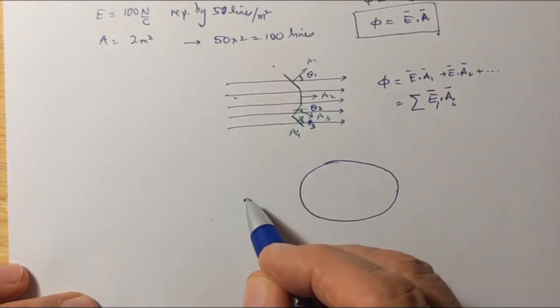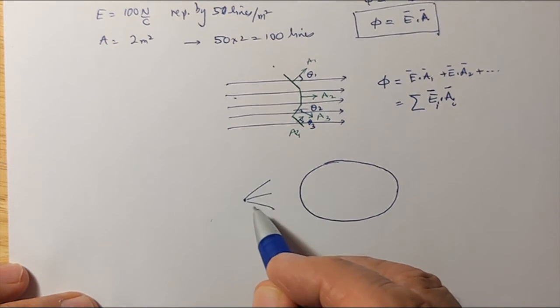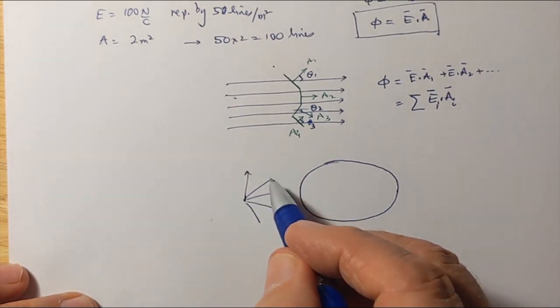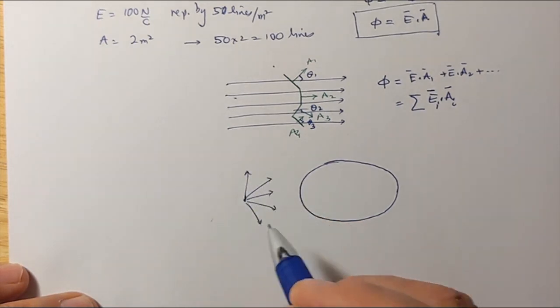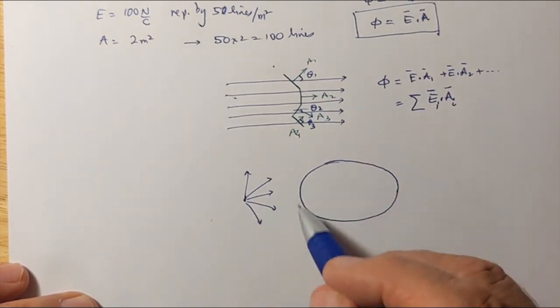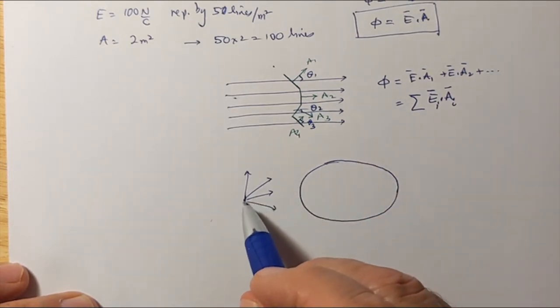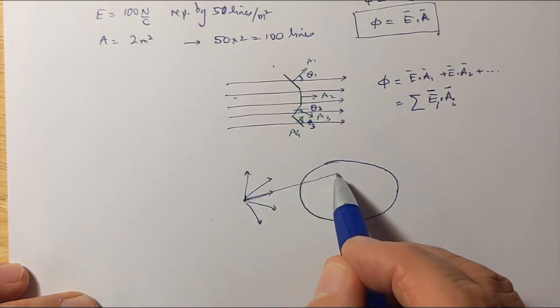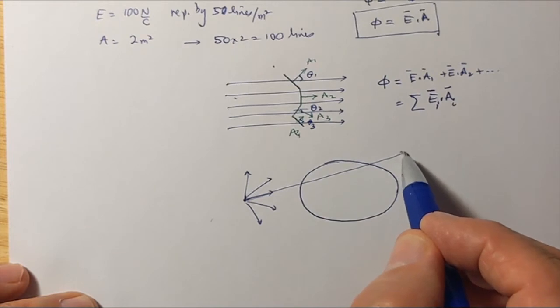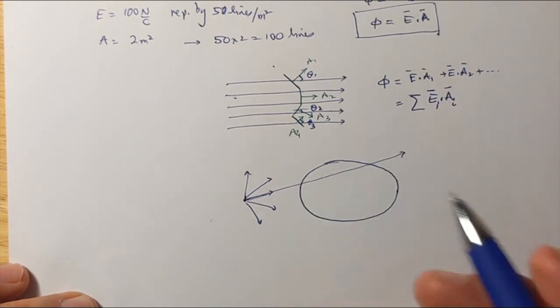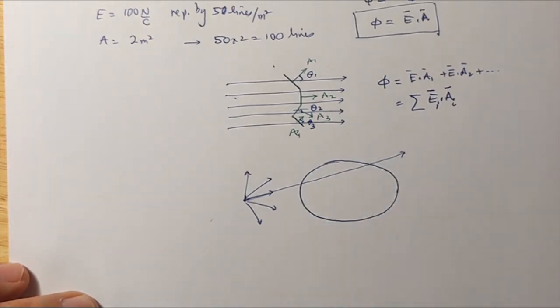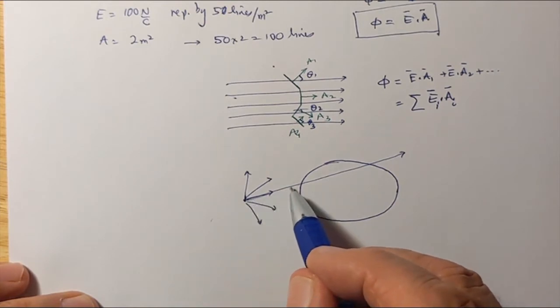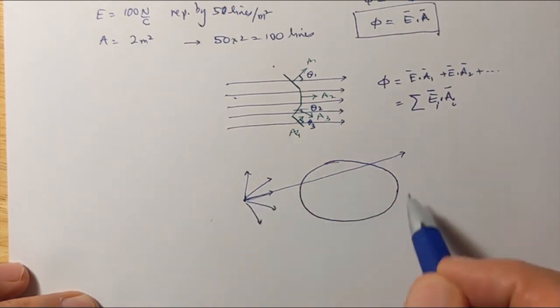So we have a charge here that has an electric field going outwards in all directions. And the question is, what is the flux of electric lines through this area? So we'll have a line of force of the electric field going like this, and assuming that there's no absorption and no creation of electric field inside, whatever electric field line enters this bubble will have to leave it.